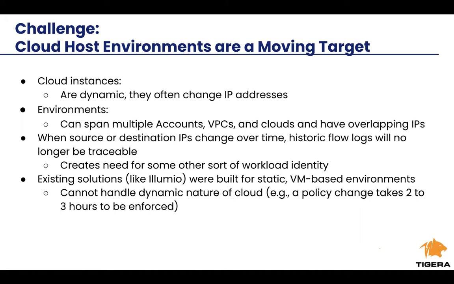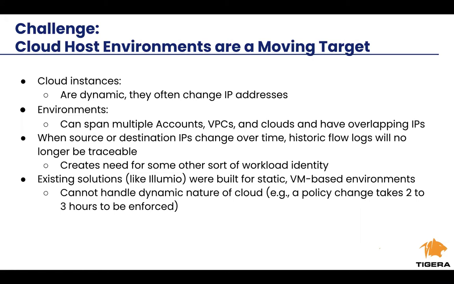One of the challenges that people find when they start managing the security for workloads inside of Kubernetes or inside of the cloud is that the cloud host environments are a moving target. The compute that you stand up, or that teams of developers are launching and using, is dynamic, and the IP addresses change.